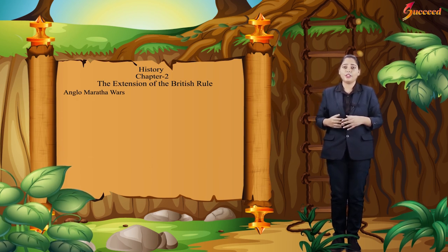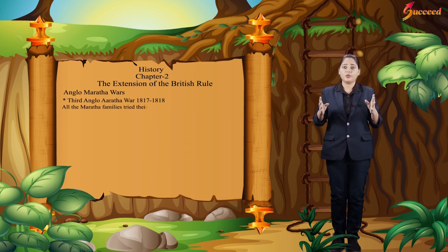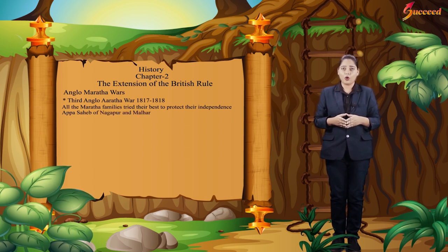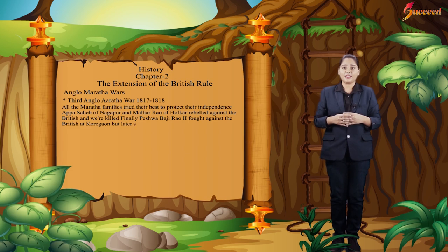Moving on to the Third Anglo-Maratha War, which happened between 1817 and 1818. All the Maratha families tried their best to protect their independence. Appa Sahib of Nagpur and Malhar Rao of Holkar rebelled against the British and were defeated. Finally, Peshwa Bajirao II too fought against the British at Koregaon, but later surrendered.